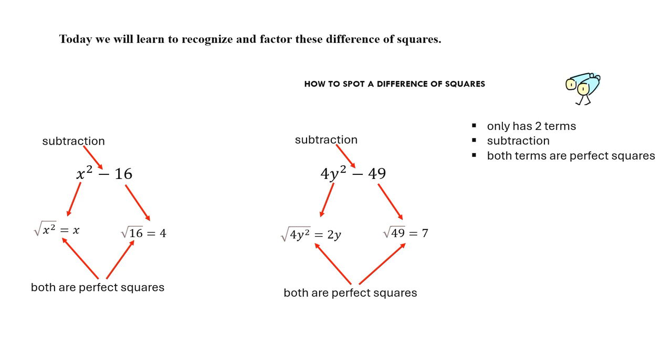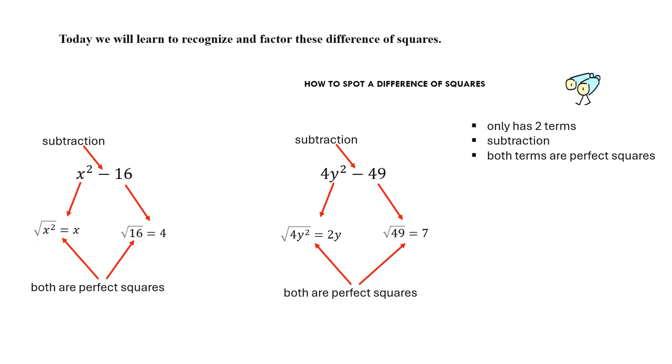You need two terms, both where you're able to get a square root, and these two terms need to be separated by a negative sign, a subtraction sign.